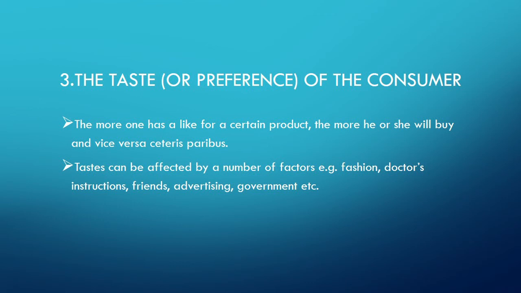The tastes of individuals can be affected by a number of factors, e.g. fashion, advertising, friends, doctors' instructions are also included in the tastes, government's influence, etc. So the more one likes something, the more one will buy, and vice versa, ceteris paribus.